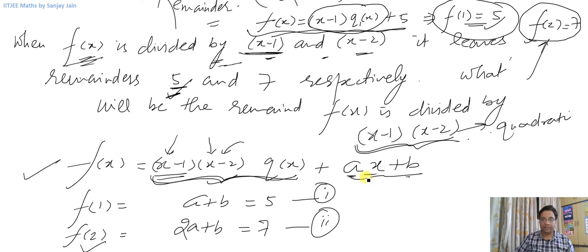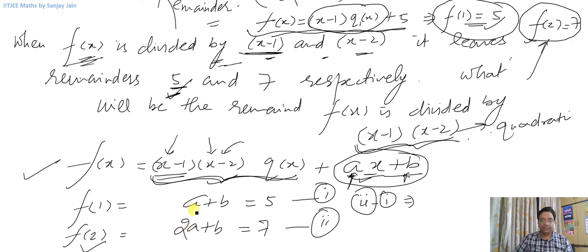Because I want to find a and b, right? I just want to find the remainder, so I have to find a and b, and I'll put those values of a and b in this to find my remainder. Now simple manipulation: I'll subtract the first equation from the second equation and b will get cancelled, 2a minus a is a, and 7 minus 5 is 2.